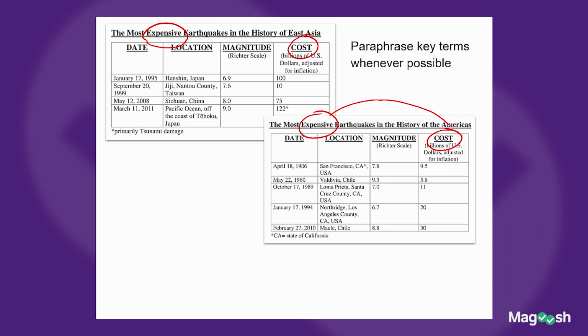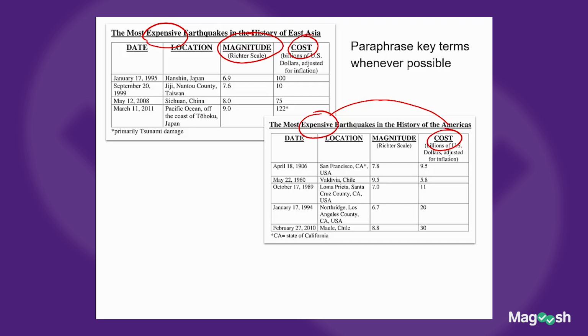Okay. Now, when we're talking about earthquakes, the word magnitude is kind of a technical term. That's the word we use to talk about the strength of an earthquake. Okay, but the word strength, discussing how strong an earthquake is, would be a good paraphrase, a good synonym to use instead of magnitude in your response. So there would be another possibility of a replacement paraphrase that we could do there.